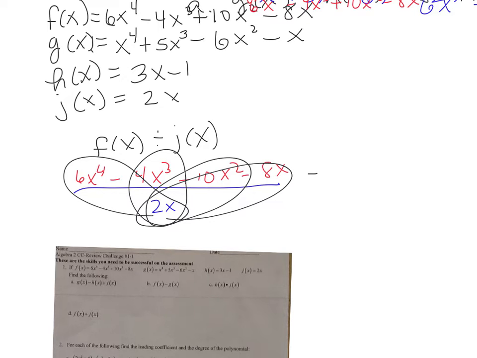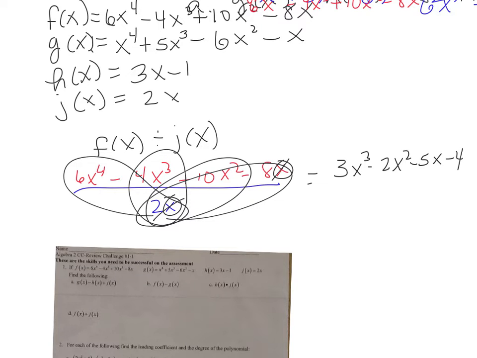So what we get is 6 divided by 2 is 3. x to the fourth divided by x is x to the third. 4 divided by 2 is 2. x to the third divided by x is x squared. Negative 10 divided by 2 is negative 5. x squared divided by x is x. And negative 8 divided by 2 is negative 4. And then the x and that x there reduce to just 1. So I'm just left with minus 4.